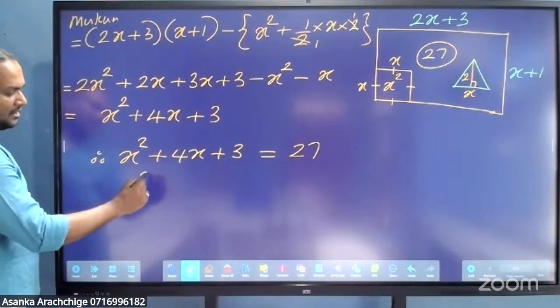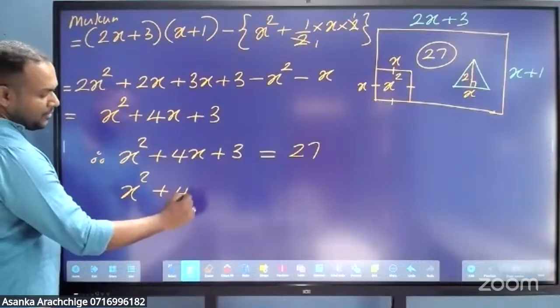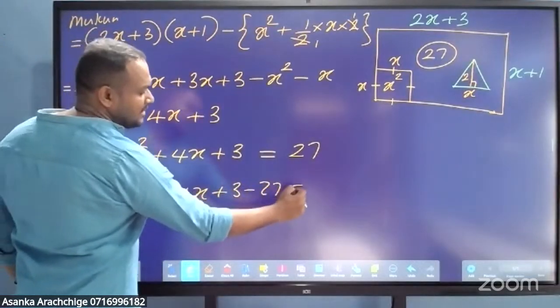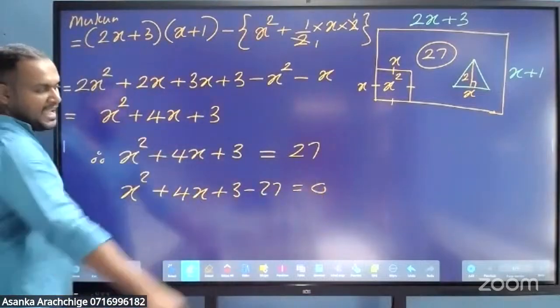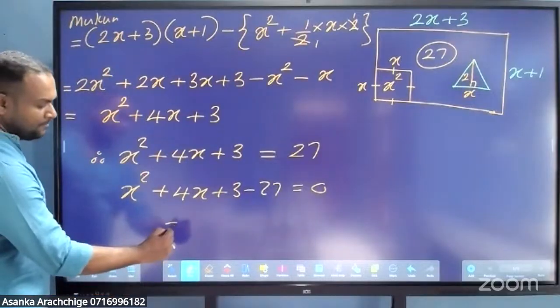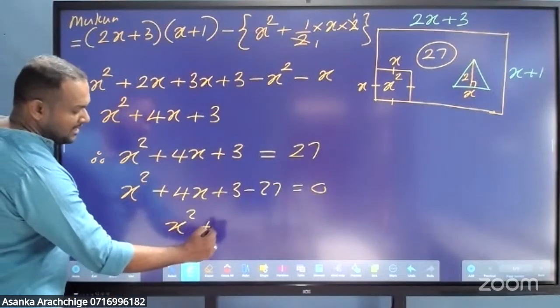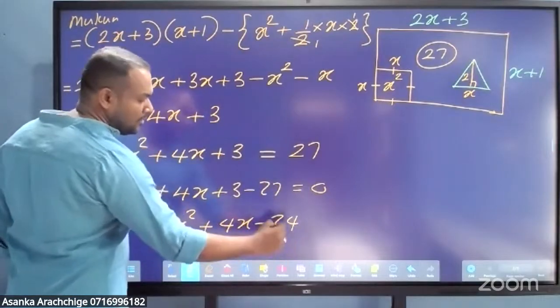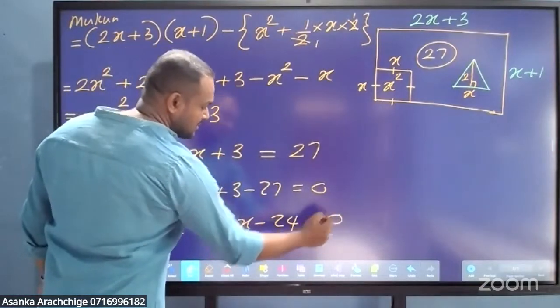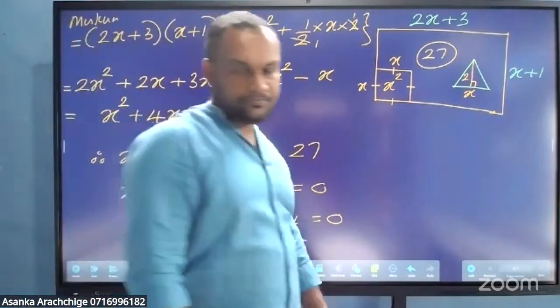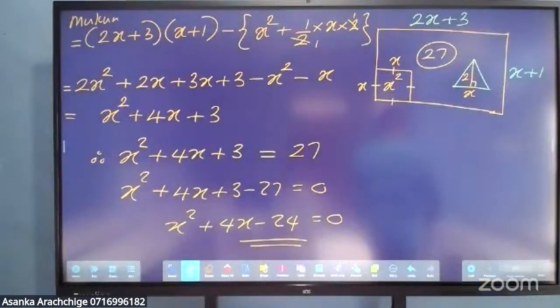Then x squared plus 4x plus 3 minus 27, I have taken 27 to this side as minus 27. Then x squared plus 4x minus 24 equals 0. This is the required equation.